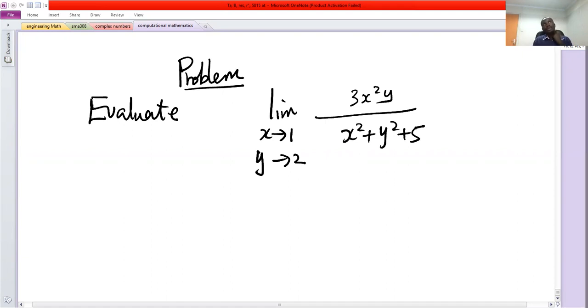Now, because this is a case whereby at least one of the two values x and y are not approaching 0, then this is just a two-step problem to make a conclusion.